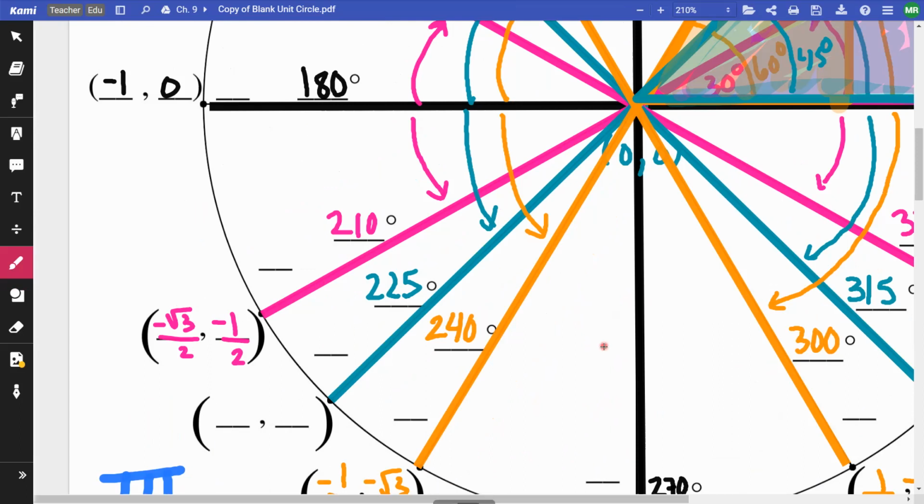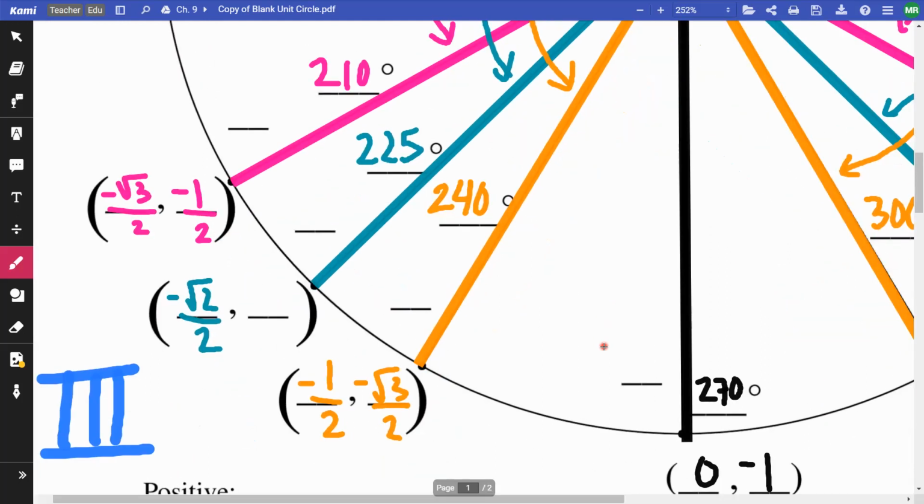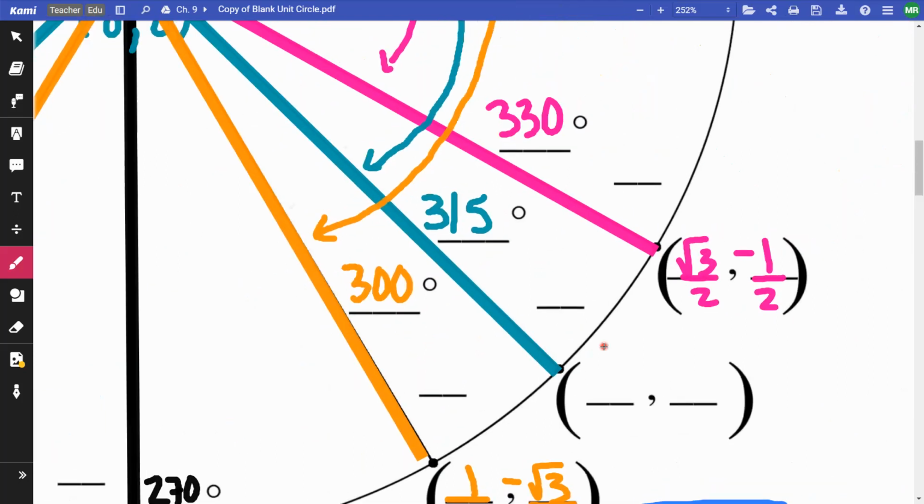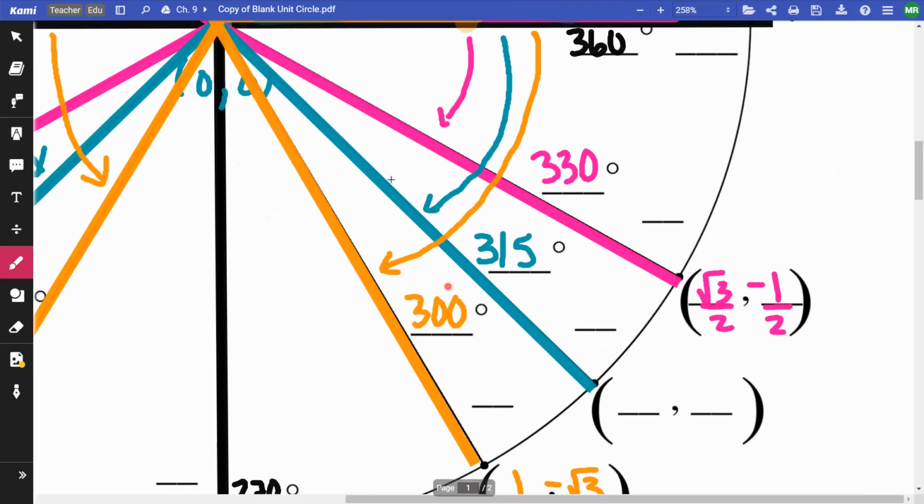So this is going to be a negative root 2/2, zoom in, and a negative root 2/2. All of these, the x and y's are negative in this quadrant. In my last quadrant, my x's are positive because I'm on this side, and my y's are going to be negative. So this is going to be a positive root 2/2 and a negative root 2/2.